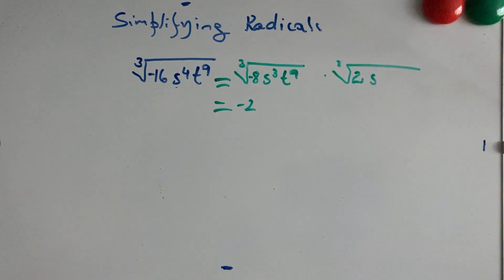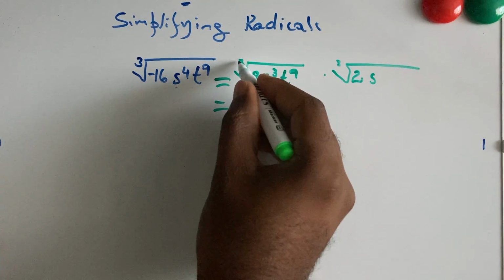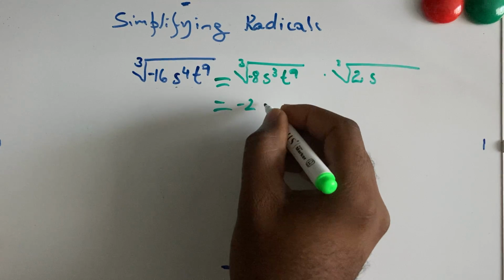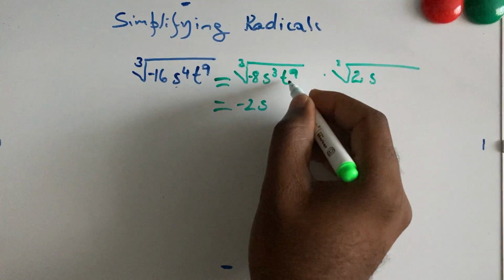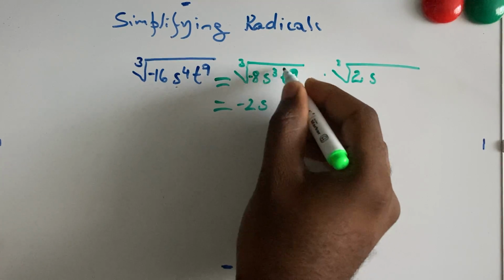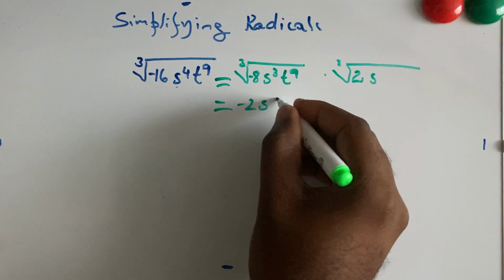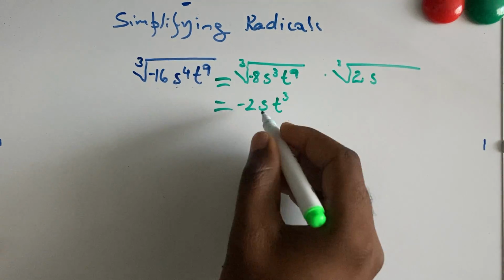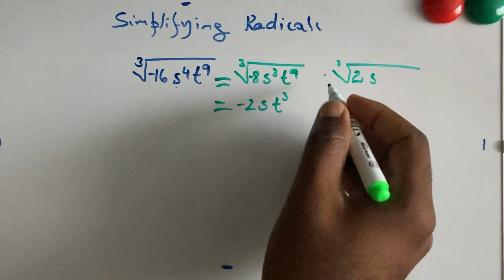All right, so now I go to the s cubed. 3 divided by 3 is 1, right? So that's just s, okay? Then t to the 9th. 9 divided by 3 is 3, so it's t to the 3rd, okay?